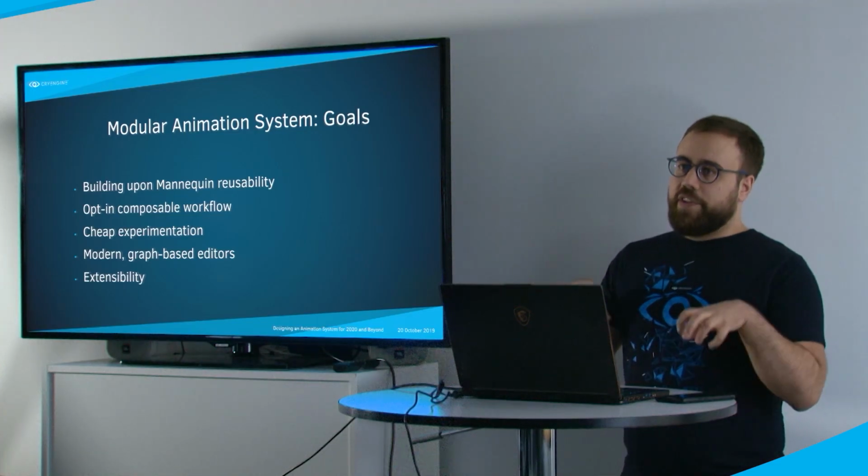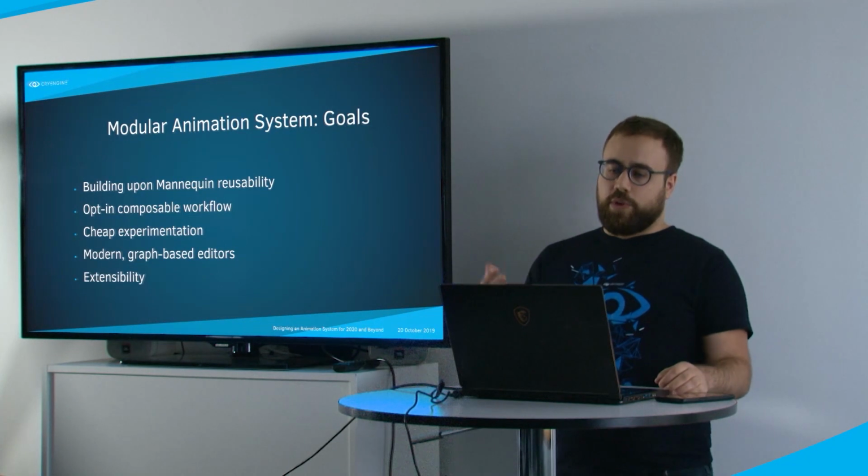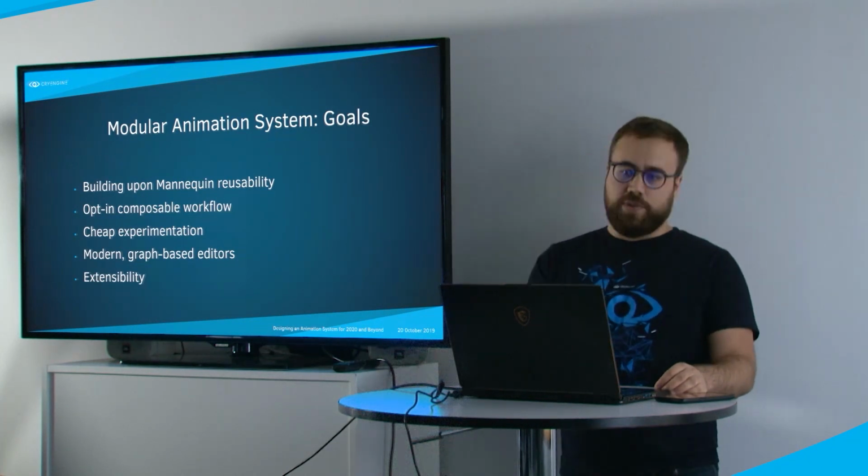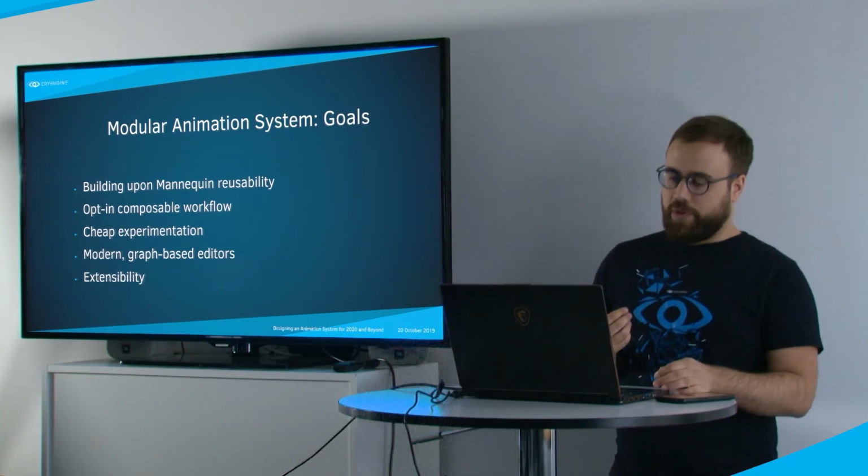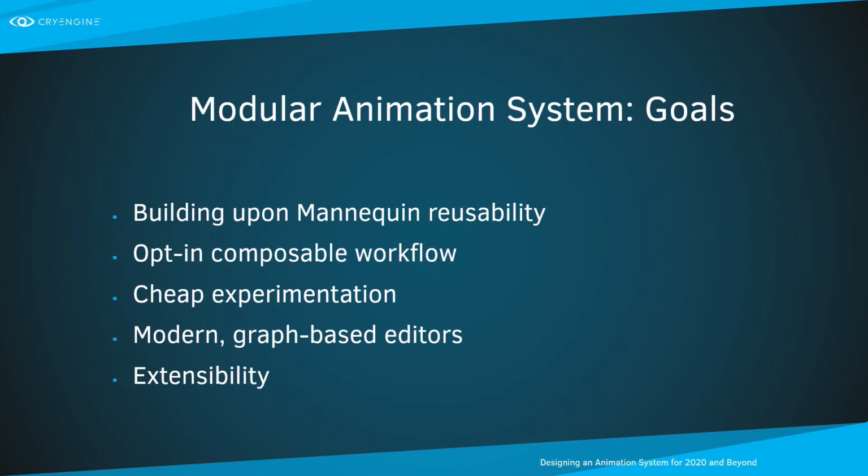Secondly, we would like to offer these features modularly with a workflow where they are only introduced as soon as you need them and not before, so that it helps with the learning curve, but it also helps with the modularity of the system. So if you want to extend it, you can also insert a new module in this framework, and they're supposed to work together. And this brings me to the third point, which is that our designers and artists can experiment cheaply with the system, even in late stages of the development cycle.